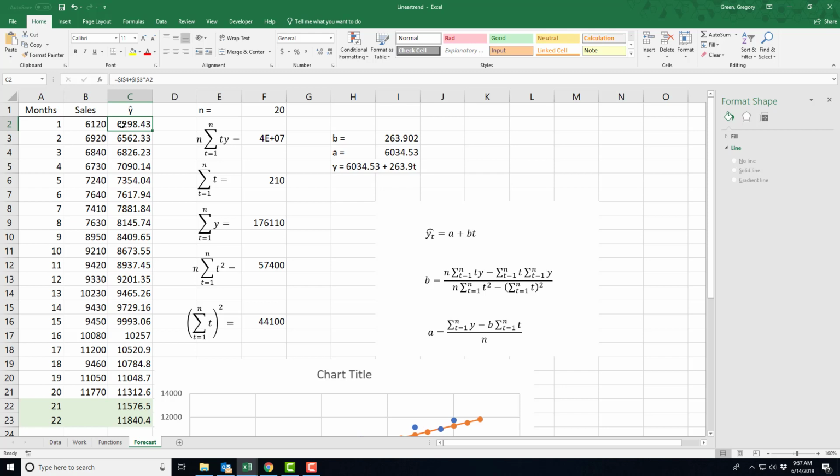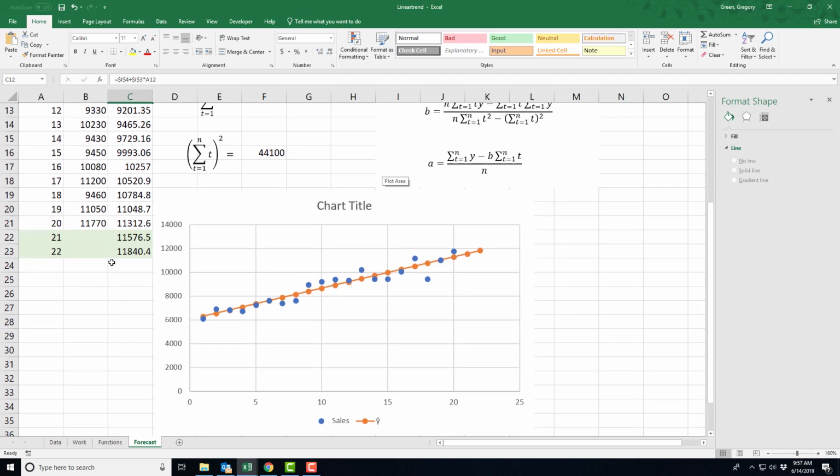So I need to just use my equation given here, and that would be 6,034.53 plus 263.9 times 1. And so I get that first number. Second number, 6,034.53 plus 263.9 times 2. And I just keep working that process all the way down through the data.